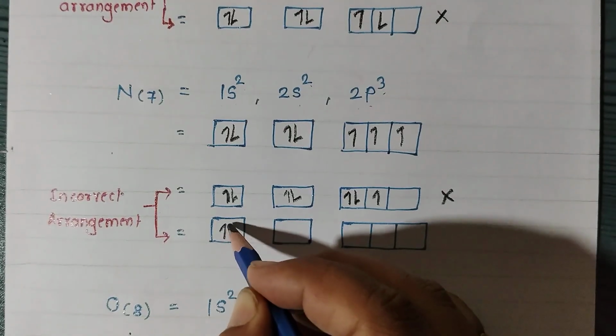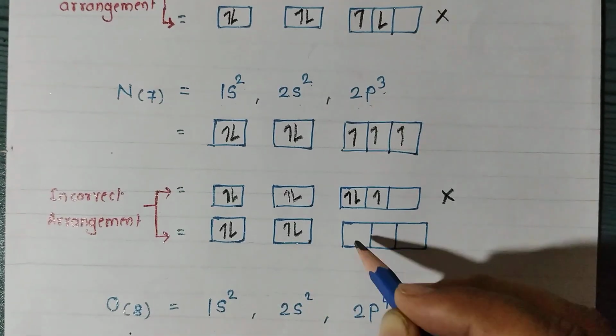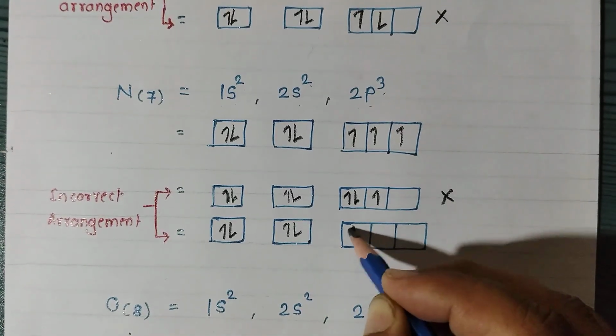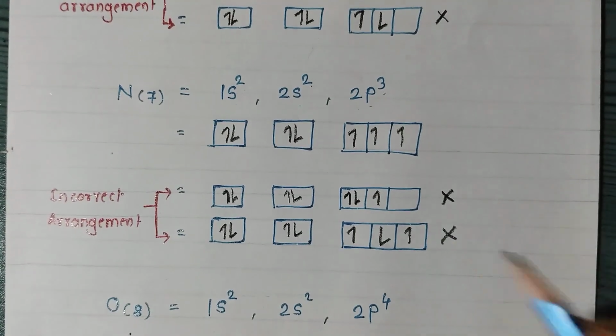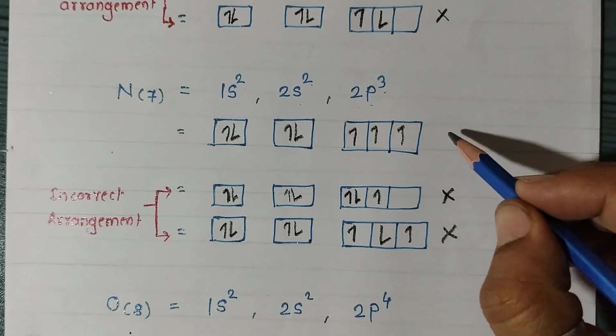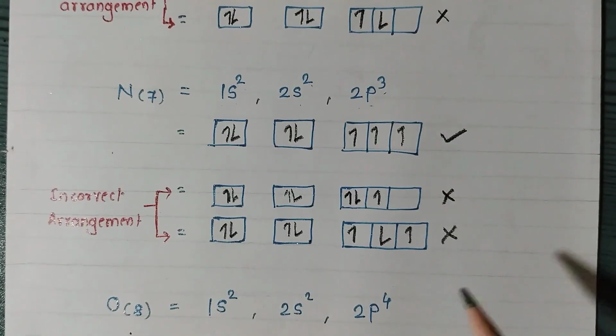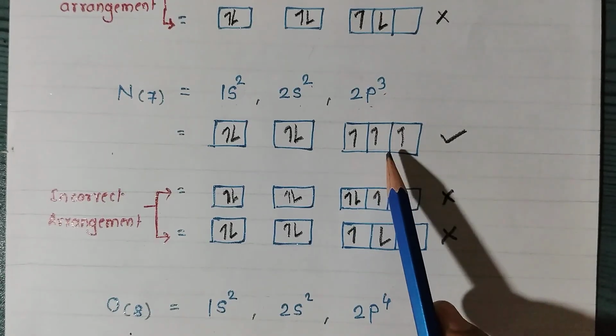Similarly, we can take another example, 1 2 1 2. So this is correct, but here we cannot fill in this way. So this is also a wrong method of filling electrons according to Hund's rule. So what is the correct method of filling electrons? This is the correct filling of electrons, according to Hund's rule.